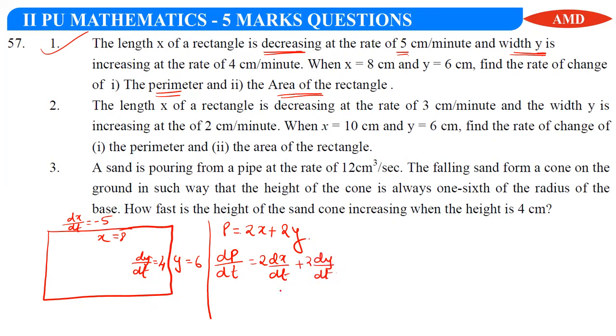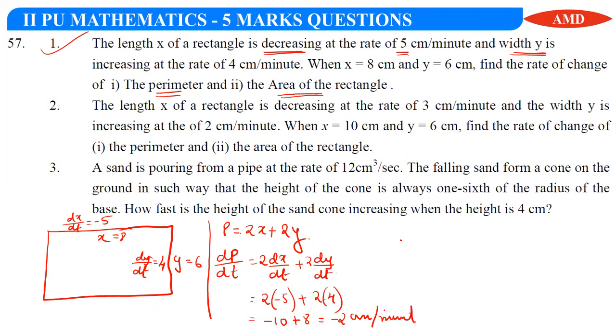I'm differentiating with respect to time. This is equal to 2 into what is dx by dt? Dx by dt is nothing but minus 5 plus 2 times dy by dt is nothing but 4, which will be equal to minus 10 plus 8, that is equal to minus 2 centimeters per minute.